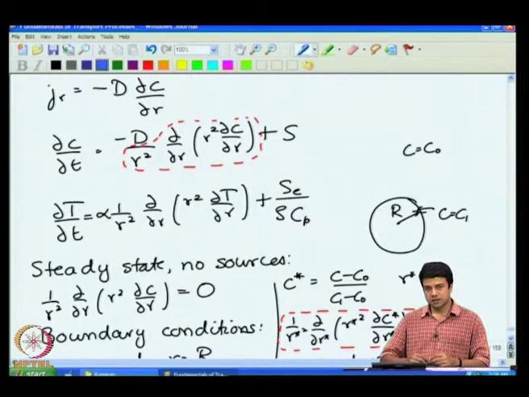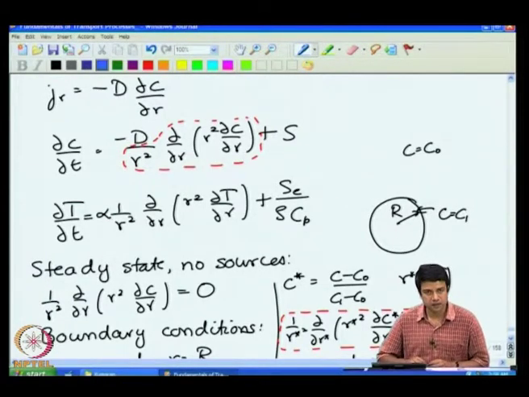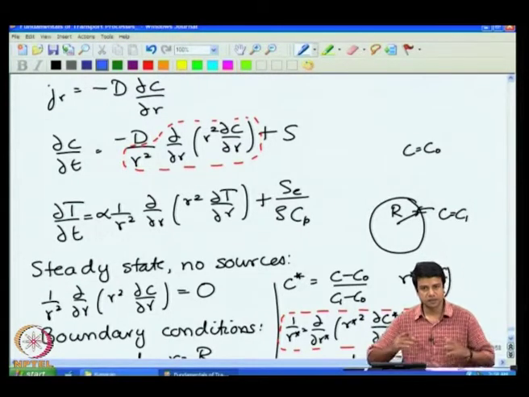In the cylindrical coordinate system, this was 1 over r d by dr of r dc by dr. That is because the surface area of a cylindrical surface increases proportional to r. In the present spherical coordinate system, it is 1 over r square d by dr of r square dc by dr. That is because in a spherical coordinate system, the surface area increases proportional to r square as the distance from the center increases.